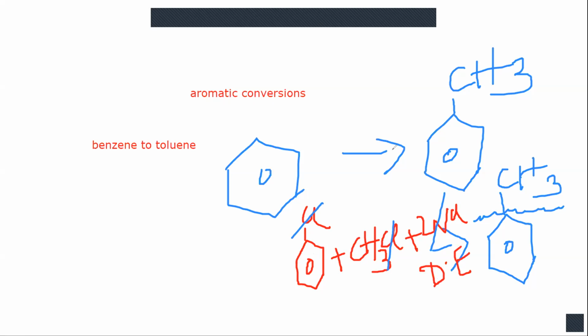So this conversion, benzene to toluene, involves a single step. Here it is the Wurtz-Fittig reaction, with one molecule of alkyl halide and one molecule of aryl halide. Next, we will see the next conversion. Before that, I'll show you the flow chart.